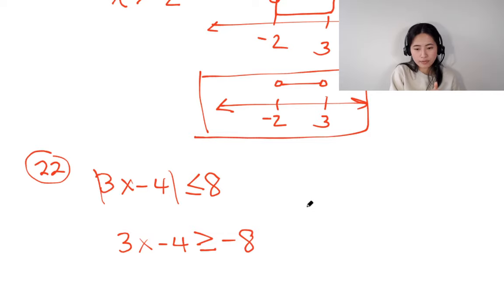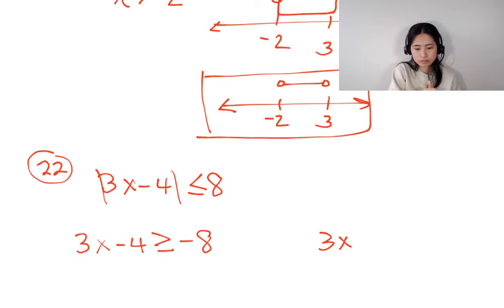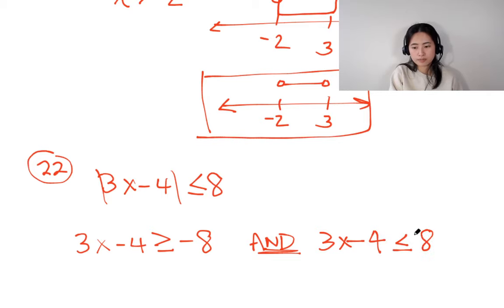And then you have 3x minus 4, so this is "and", remember? And this is going to be less than or equal to 8.